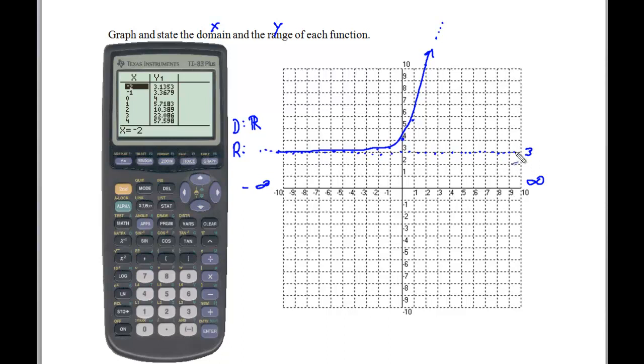So y will never be lower than 3 or never touch 3, but y will also go to positive infinity. So our range is going to be from 3 to infinity. Notice that I use parentheses here instead of a bracket because this exponential line of base e will never touch 3. Let's go now take a look at the next line.